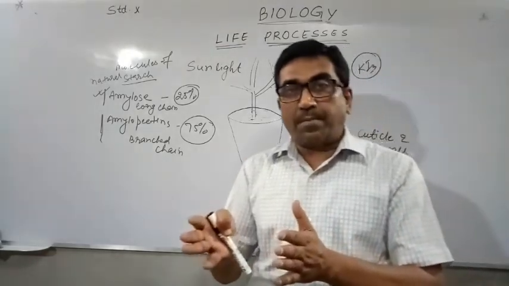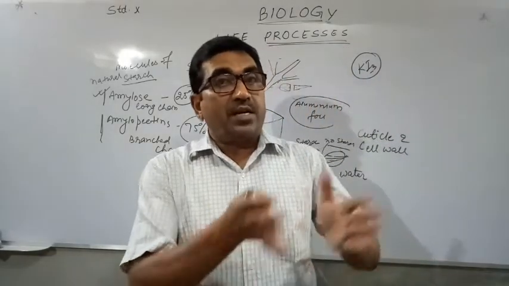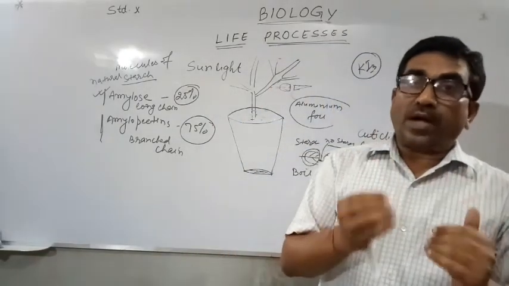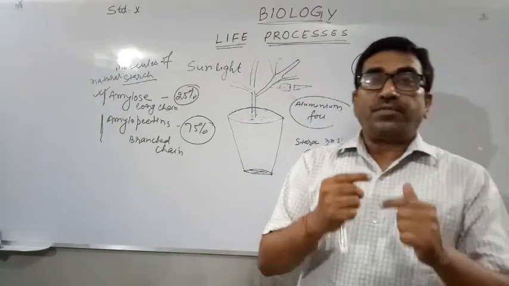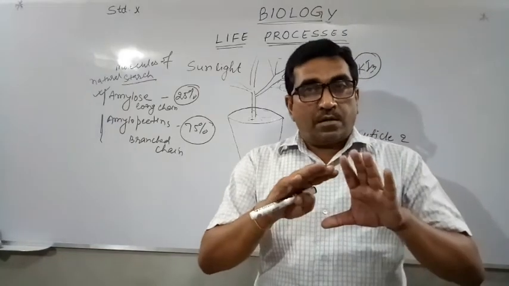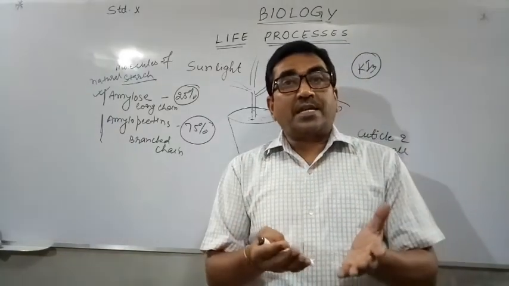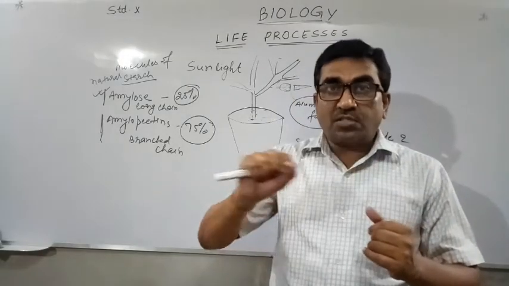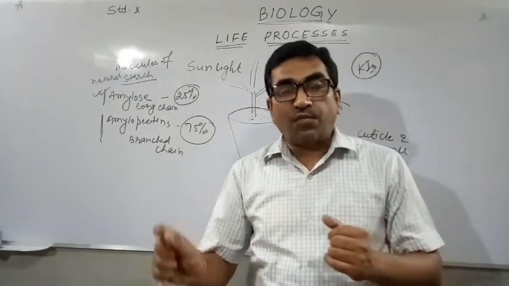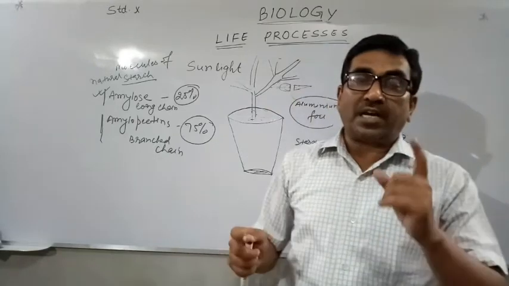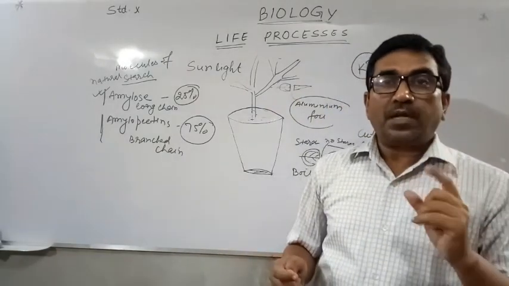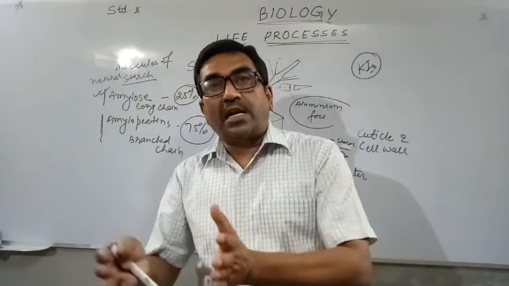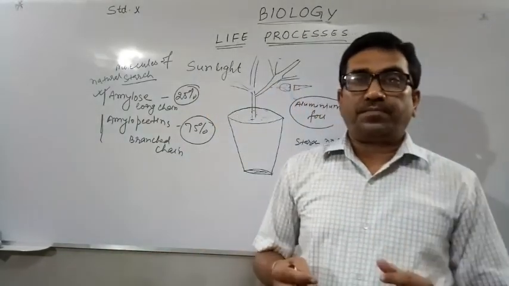We take the potted plants into the dark room for how much? For 3 days. And why do we keep it 3 days? Because we think that the starch present in it has been consumed, because in these 3 days, in the absence of light, no photosynthesis activity is taking place. Now we keep this plant in the sunlight for 6 to 8 hours.